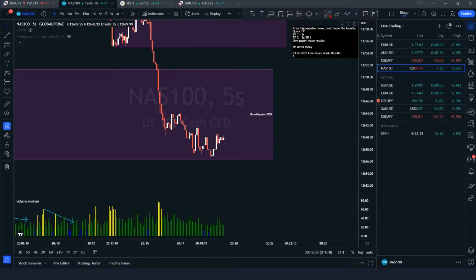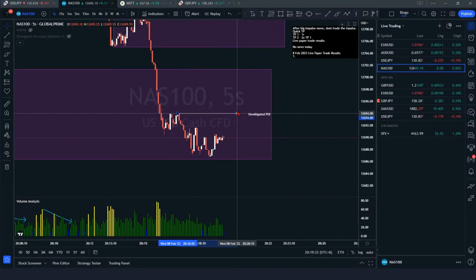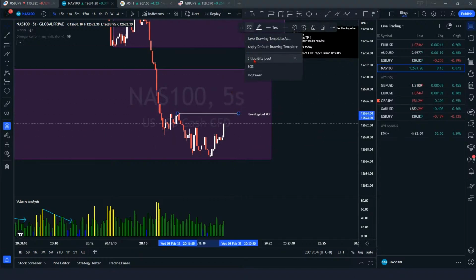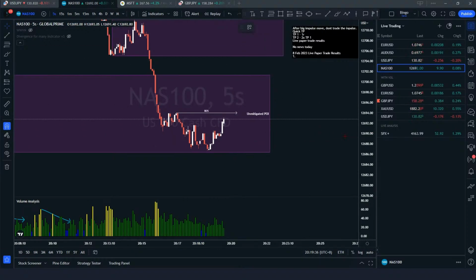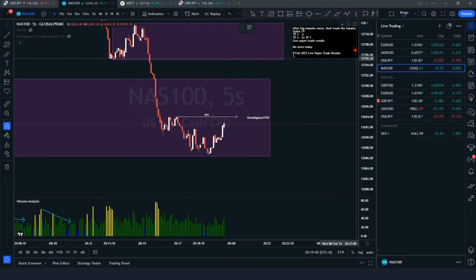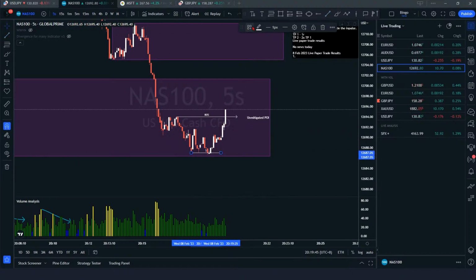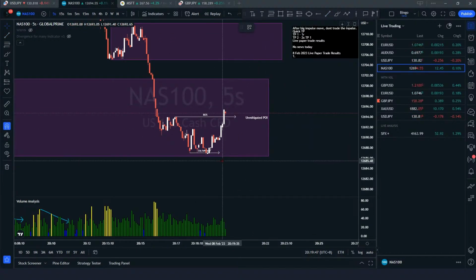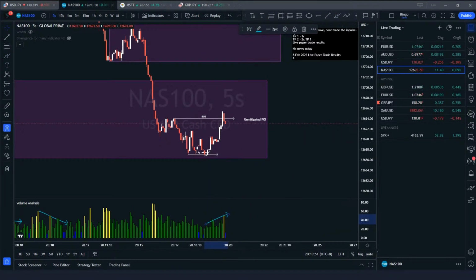So what we want for a long is to break this structure. Okay, you can see liquidity was grabbed. We sort of have an increase in volume.